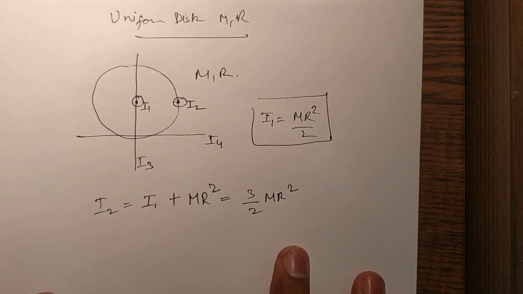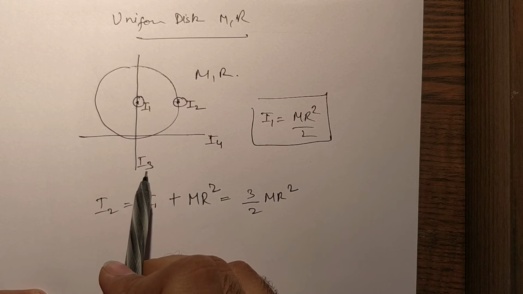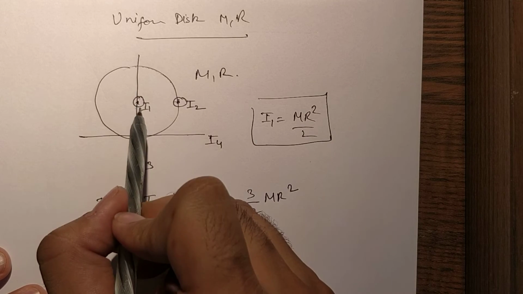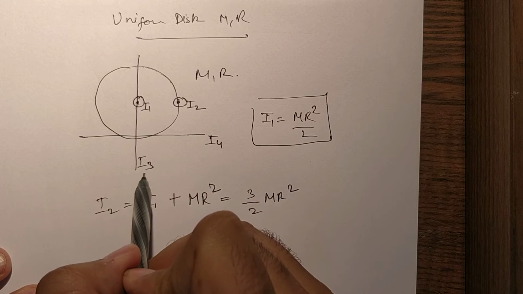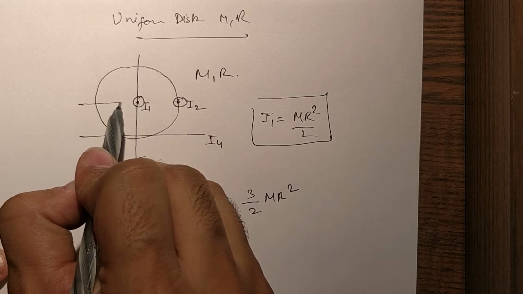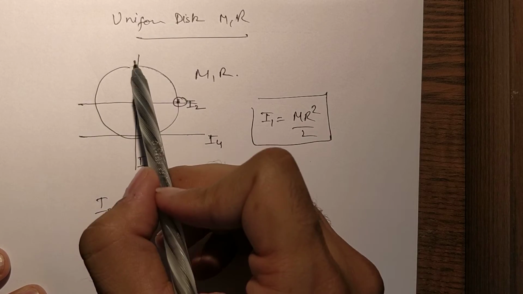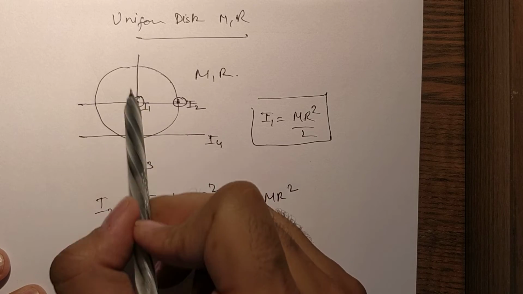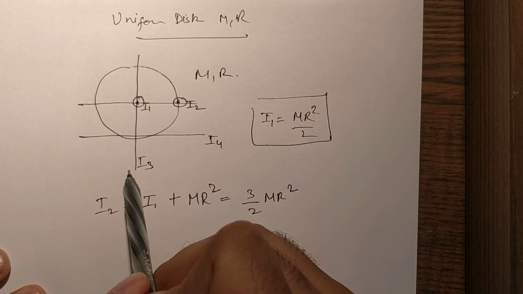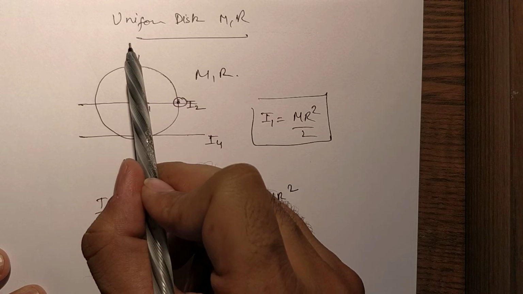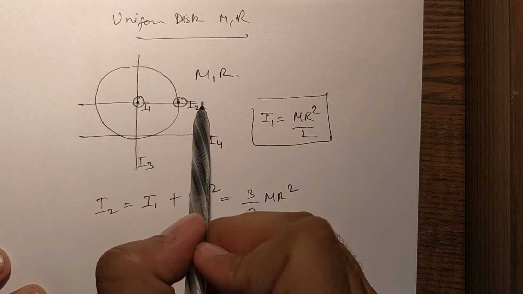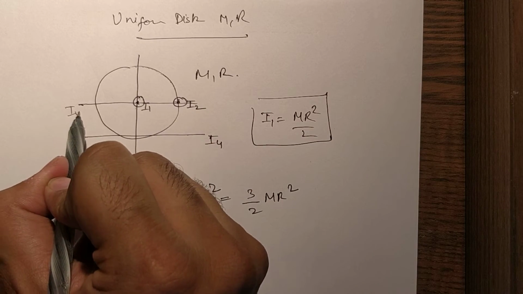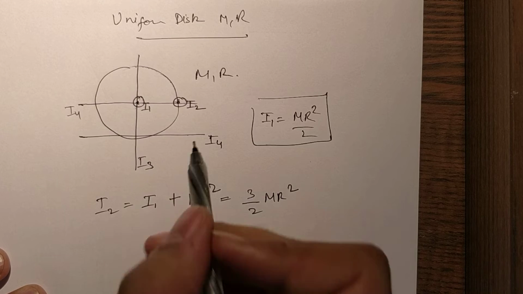Next, let's try to find I3. You can see that I1 you know, and similar to I3 you can draw this axis also. So now you can use the perpendicular axis theorem. These are two perpendicular axes, and the figure is symmetric with respect to these two axes. Let's call this I5, since I4 I have already taken.